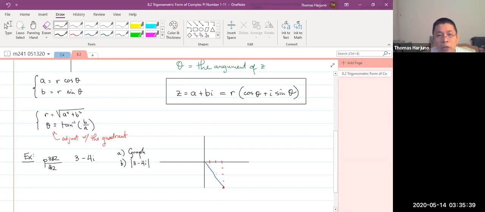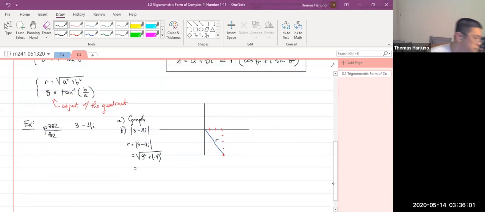If I call this r here, then r equals the absolute value of 3 minus 4i, which is the square root of 3 squared plus negative 4 squared. What would that be? That will be the square root of 9 plus 16, which is the square root of 25. That's 5.